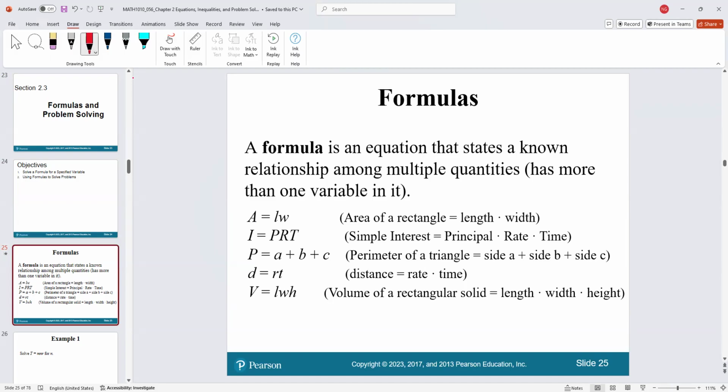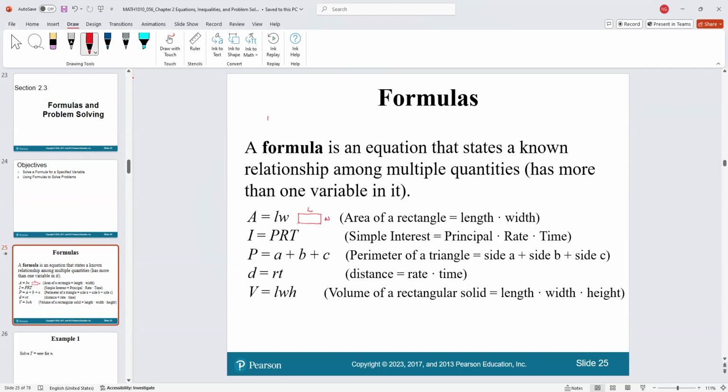If they ask you what is the area of a rectangle, the first thing you need to remember is that there is a length and there is a width. Both lengths are equal, both widths are equal, because we're dealing with a rectangle. So you multiply both.